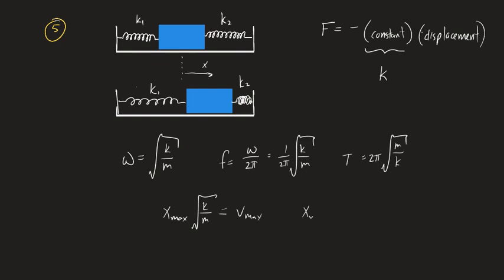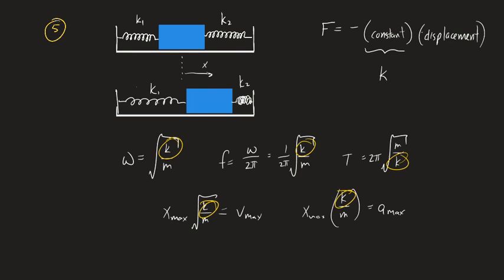And there's x max times just k over m equals a max. These are all the different things that we've associated with simple harmonic motion. In every one of these, that constant shows up. If you're looking at a situation and you can phrase the situation in terms of a negative sign, a constant, and a displacement, then it obeys simple harmonic motion.